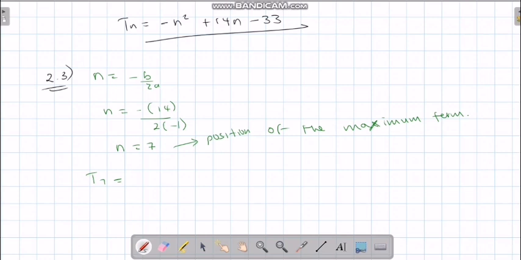So in T_n, we put negative 7 squared plus 14 into 7 minus 33, which is 16. So the maximum value is 16. 16 is the highest value in this pattern.